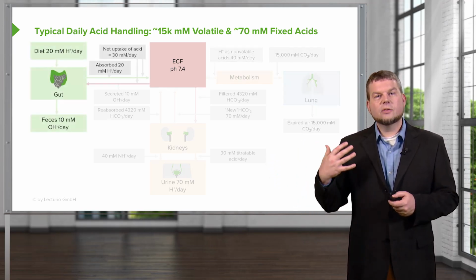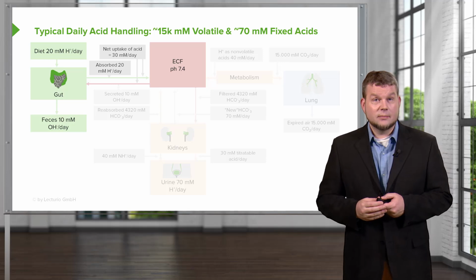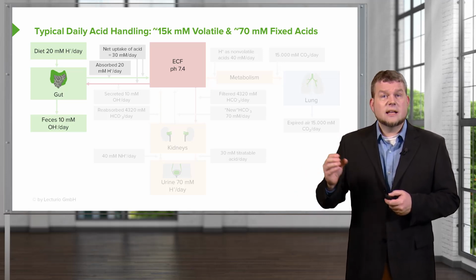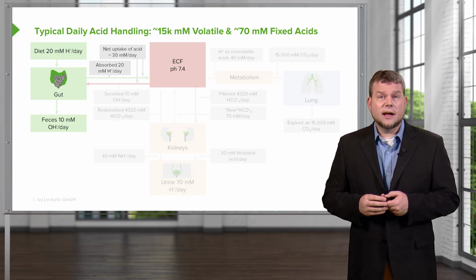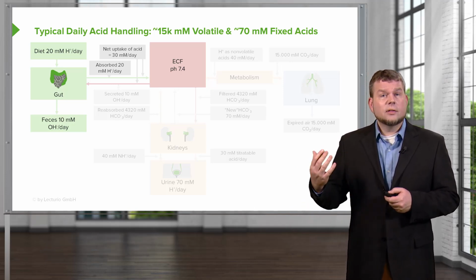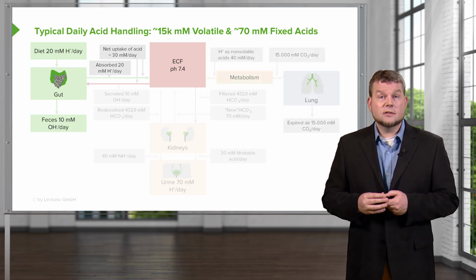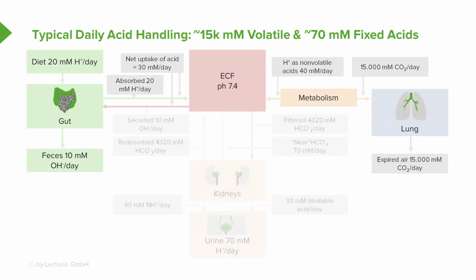Okay, let's talk through how else we can get acid. You have a little bit of exchange of acids and bases in your GI tract. So maybe about 30 millimole per day of acid comes from the gut. You combine that with the 40 millimole that's produced during anaerobic metabolism.